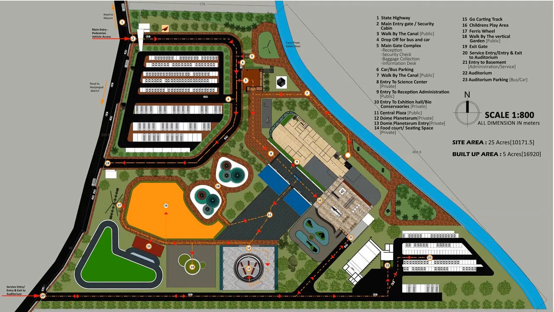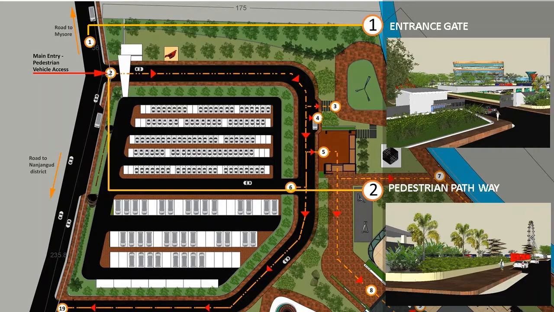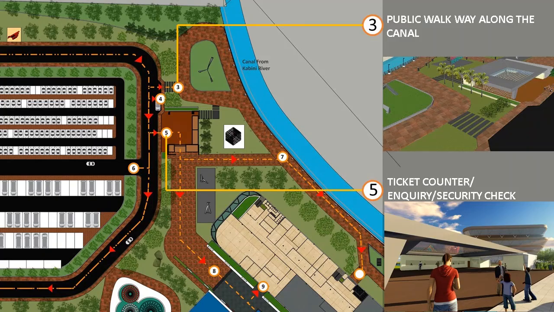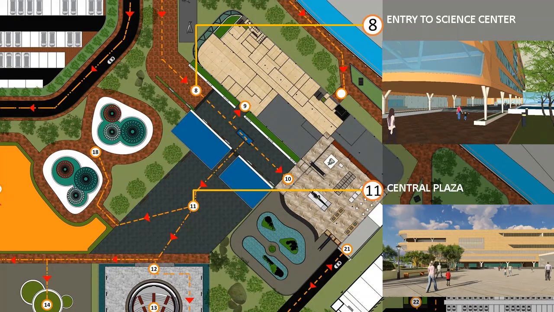The white dots with numbers show the major points in the map, and also the dotted orange lines show the movement patterns of the vehicles and also the circulation of the people inside the science city. The next slide shows the entrance gate and the pedestrian pathway. Public walk along the canal and the ticket counter, inquiry and security check area.